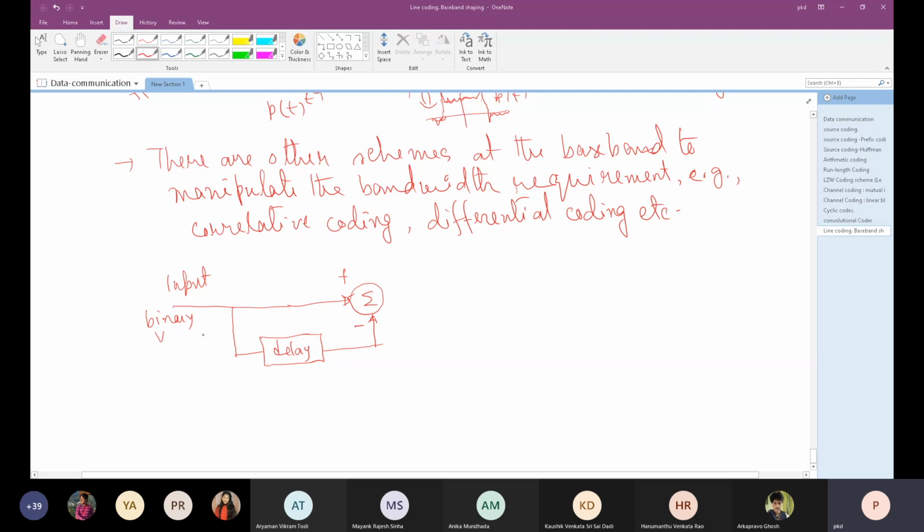So there is a unit delay of say TB, and then they can be summed or subtracted, whatever it is.